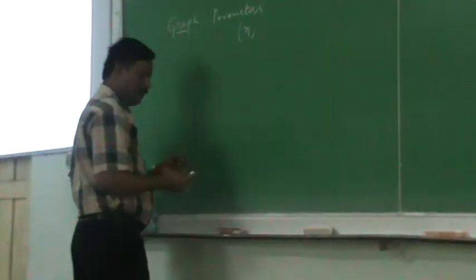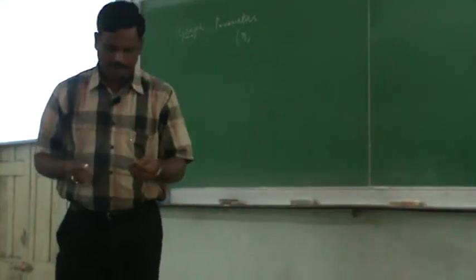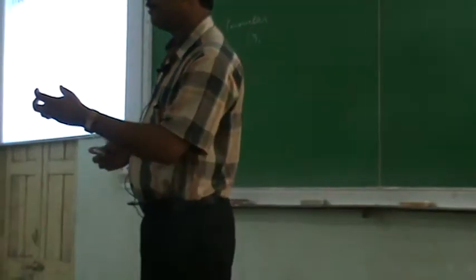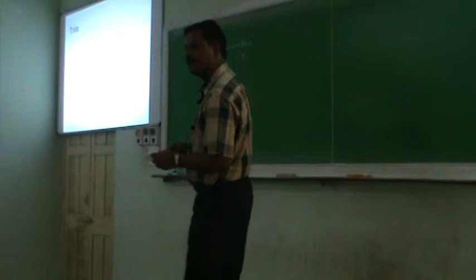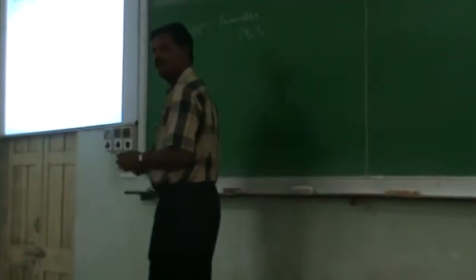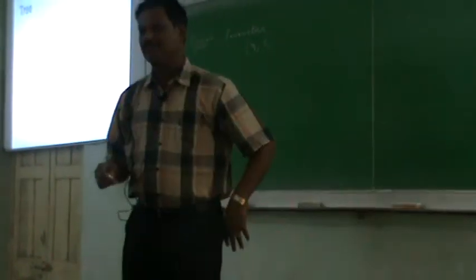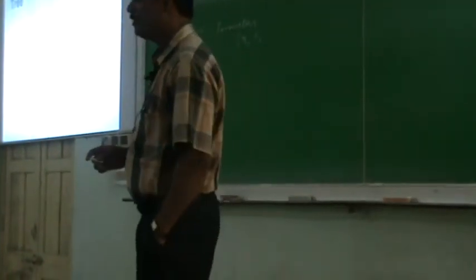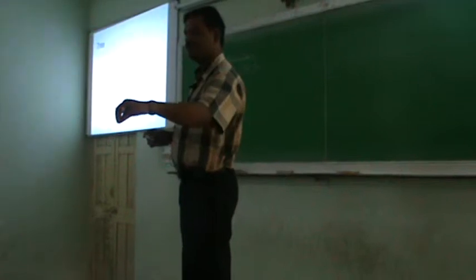Good. Generally, we represent the graph by the number of vertices n, and then edges. The edge weight is a different aspect of a graph, but that's not a parameter of the graph. The number of vertices and the number of edges are present, and the graph is characterized either as connected or as disconnected.